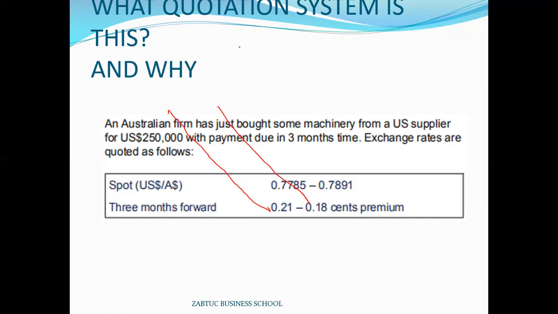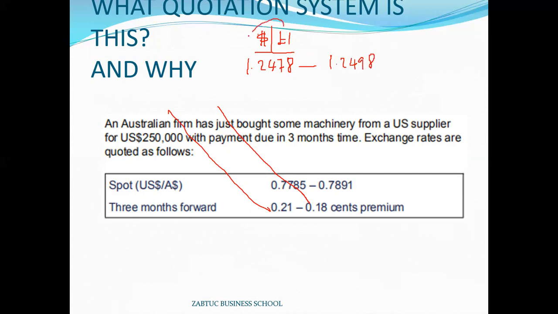So we're in the UK. Look at this scenario. These are dollars on a single pound, like that. We've got 1.2478 to 1.2498.